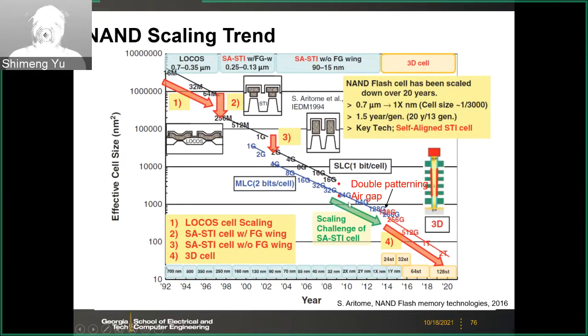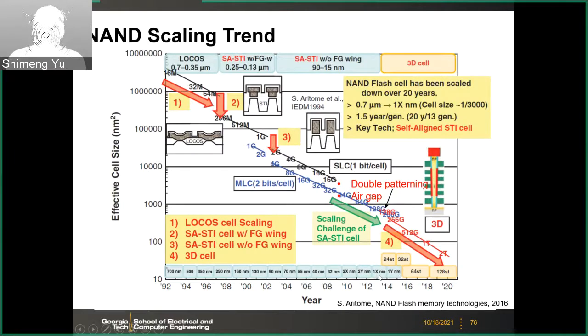So you keep decreasing the effective cell size and increasing the chip capacity to 128 gigabit per chip, or even 256 gigabit per chip. And this corresponds to the technology nodes for NAND flash, the 1X node, 1Y node.